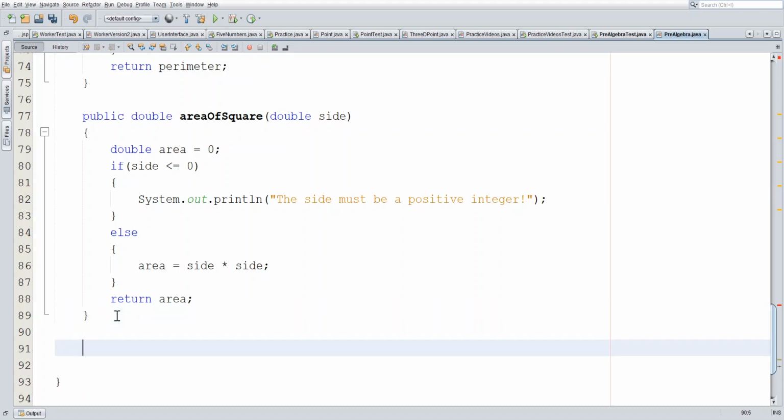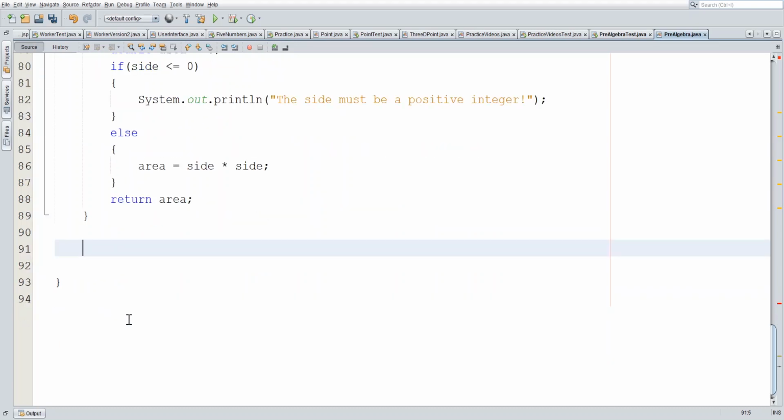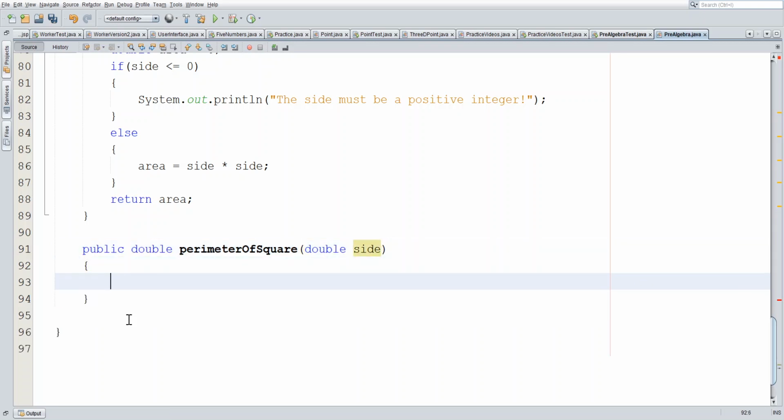Now let's go ahead and do perimeter. So public double perimeter of square. Now let's go ahead and pass a double side. So the first thing we need is a place to store the perimeter, right?